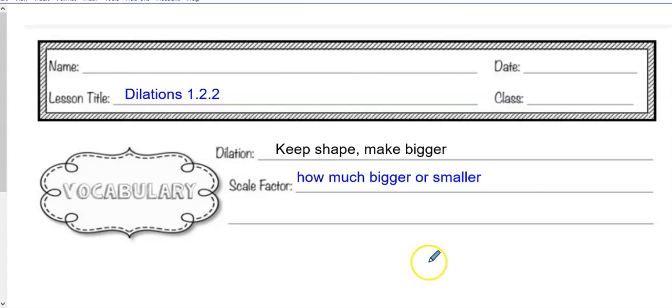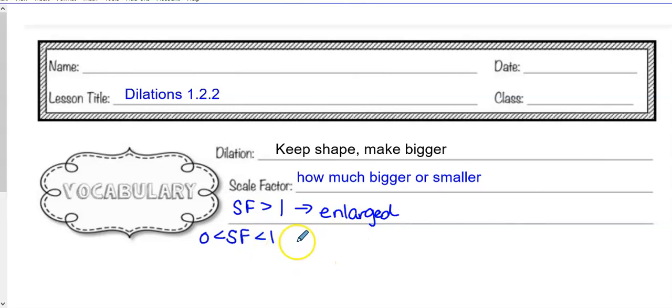But I want to also make a note that if the scale factor, and we'll just say SF for scale factor, is bigger than 1, if it is greater than 1, then that means the figure will be enlarged. If the scale factor is between 0 and 1, and typically that means if you see a fraction, but not always, because sometimes it could be an improper fraction, so I don't want you to get caught up in that.